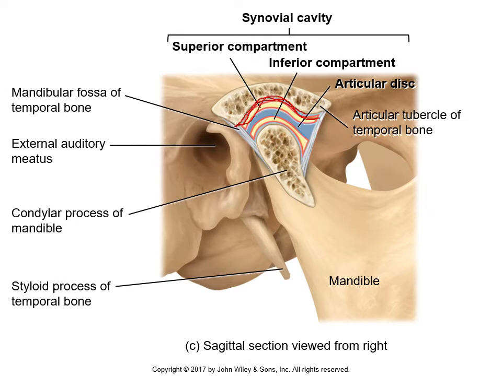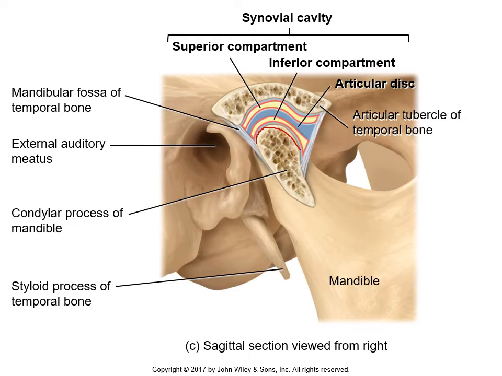And this bony structure here, already labeled, is the condylar process of the mandible. As these two structures come together, that forms the temporomandibular joint. Temporal, mandibular, so temporomandibular joint.